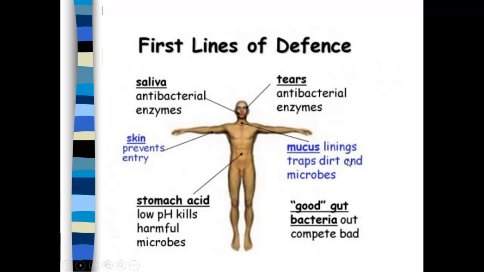Mucus will trap dirt and microbes and flush them away. Skin prevents entry into the body. Stomach acid at low pH will kill harmful microbes. And then good gut bacteria will outcompete and bind up all the receptor sites over and against bad bacteria, and prohibit the bad bacteria from actually binding cells.